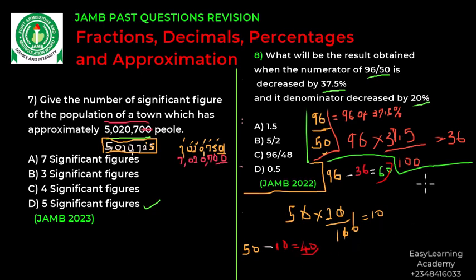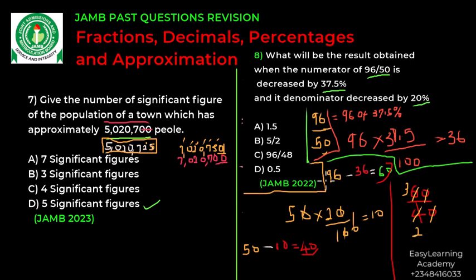So we can have it here as 60 all over 40, and we can go ahead to divide. The last zero will cancel the last zero, and then you can use 2 to cancel here 3 times, and 2 comes here 2 times.